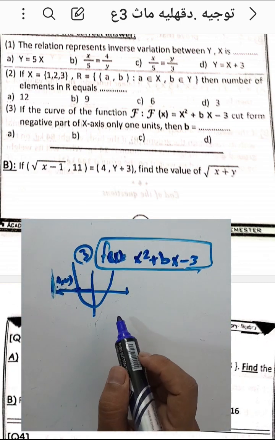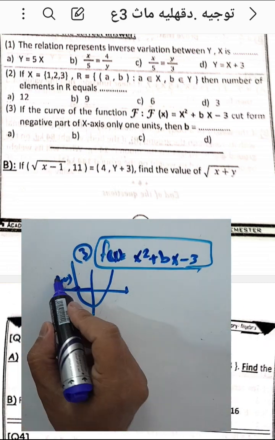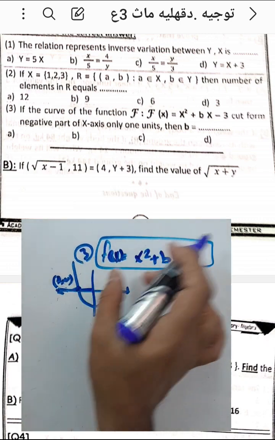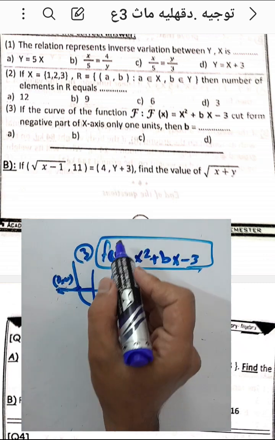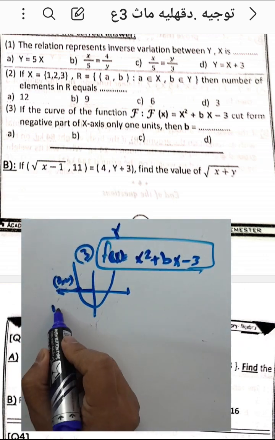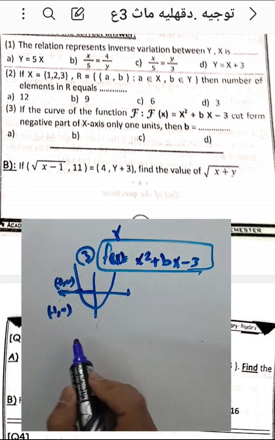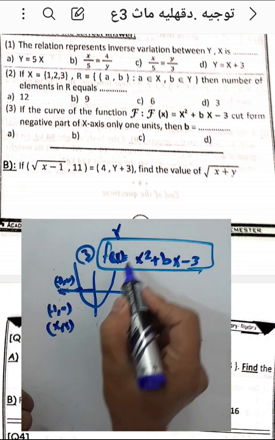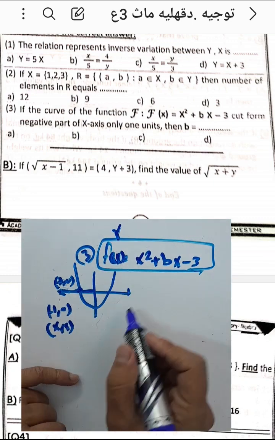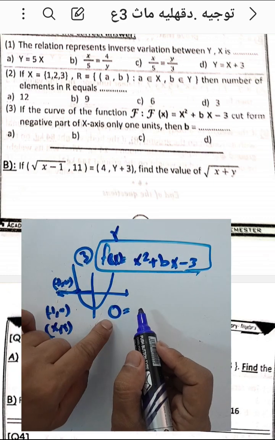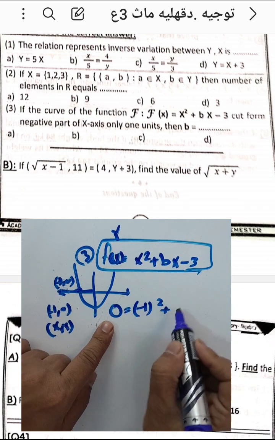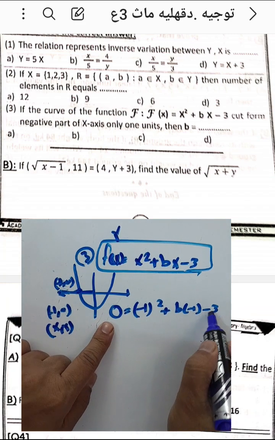Okay, this curve passing through the point negative 1 and 0, then this point satisfies the equation f of x equal y. We have x equal negative 1 and y equal 0, then 0 equal negative 1 power 2 plus b multiplied by negative 1 minus 3.